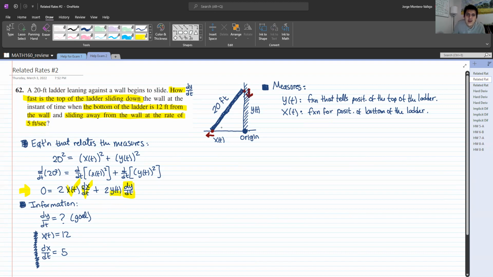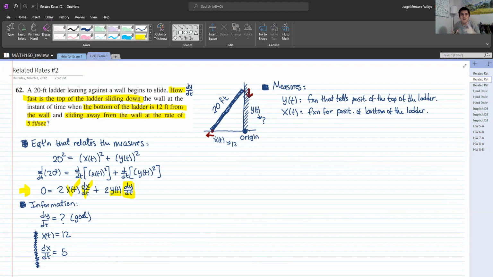Well, when x of t is 12, what is dy/dt? You see that whichever moment in time we're looking at, the shape of the right triangle is kept. The triangle we are looking at stays a right triangle the whole time, right? So even at that moment, when x of t is 12, we still have a right triangle.